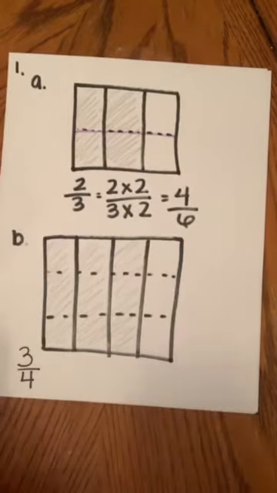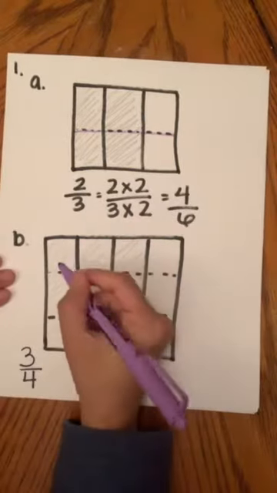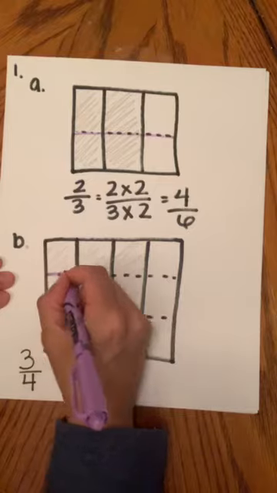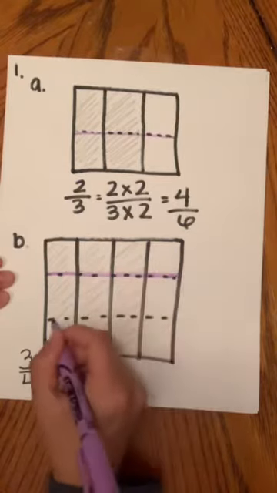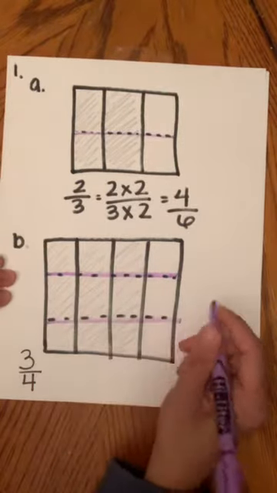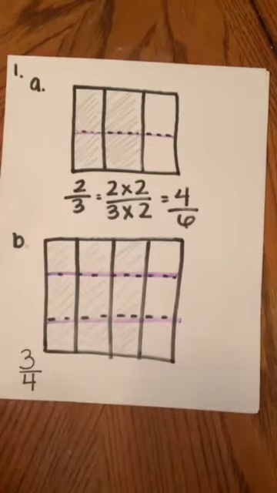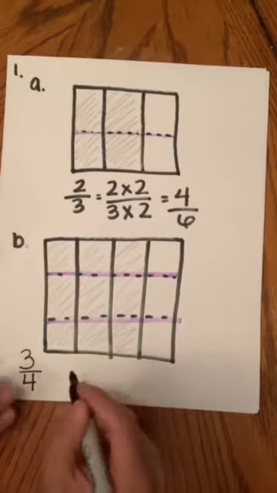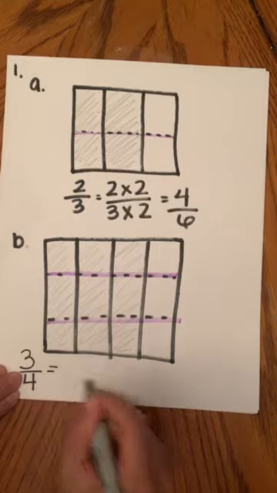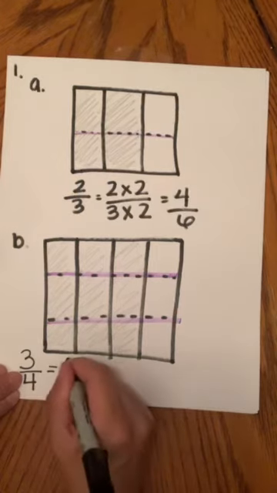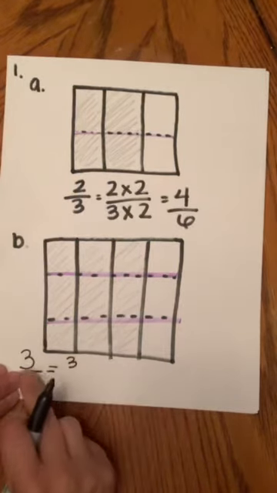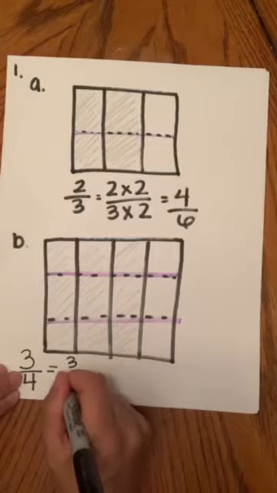After I decompose my area model, I can trace that with a colored marker if I want. Makes things easier to understand, right? After I do that, I know I'm going to write my equal sign, and I'm going to rewrite my 3/4.